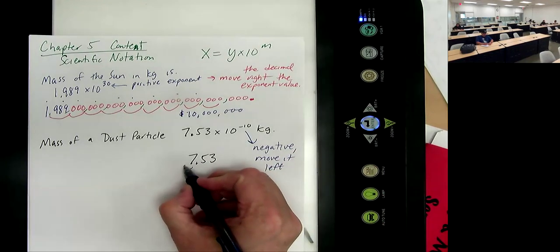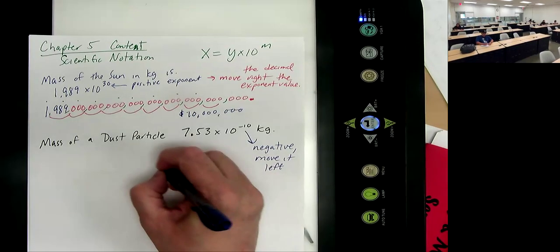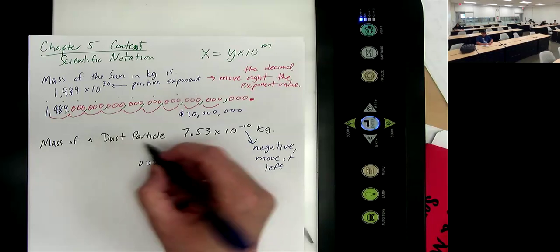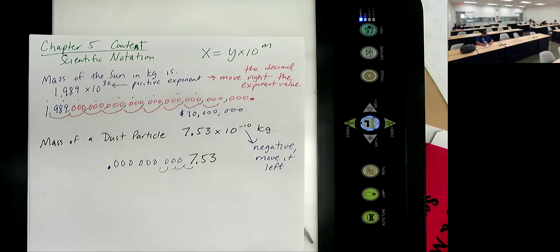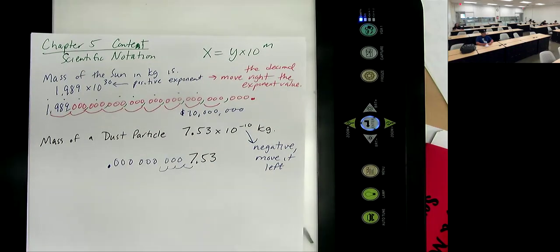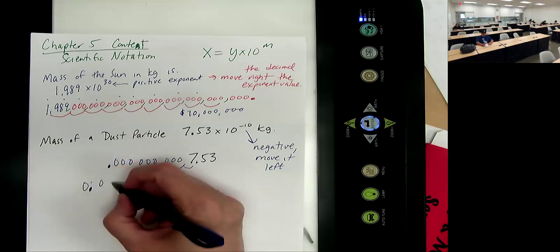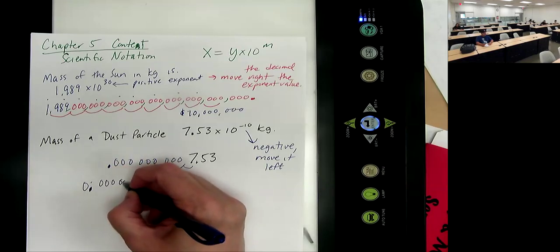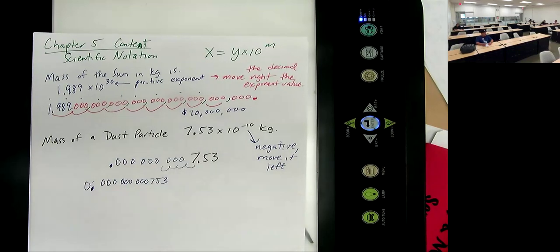So 1, 1, 2, 3. Then I need another 3. And then I need another 3. So I'll put a 0 in front of it, 0.0000000000753. A lot of calculators don't even have that many spots for a number on their screen.